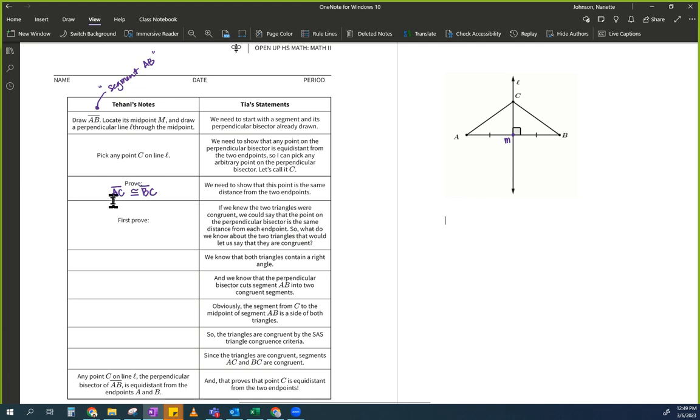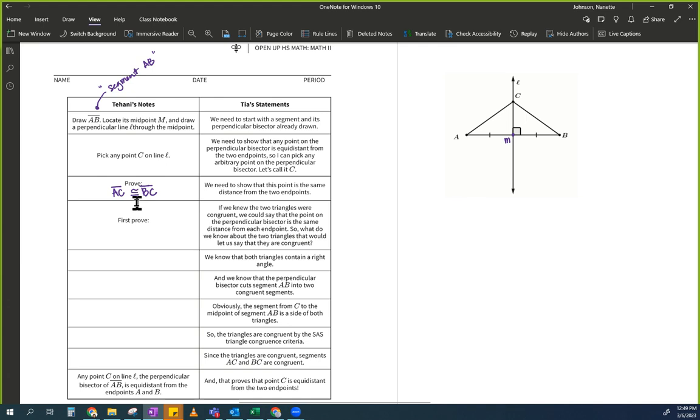They have hats on it. What did this little hat mean again? Put it to the public, not just to me, please. No, this means congruent here. That symbol is congruent.